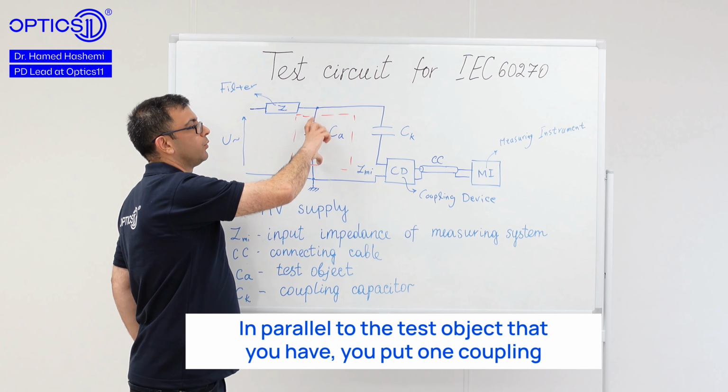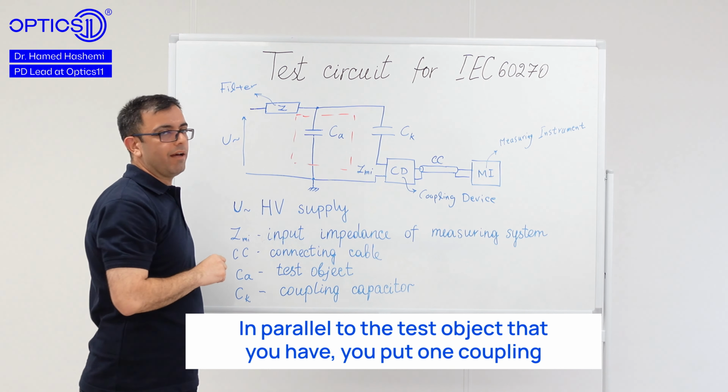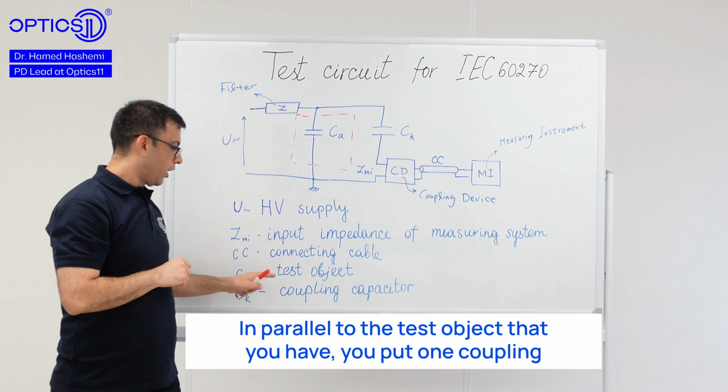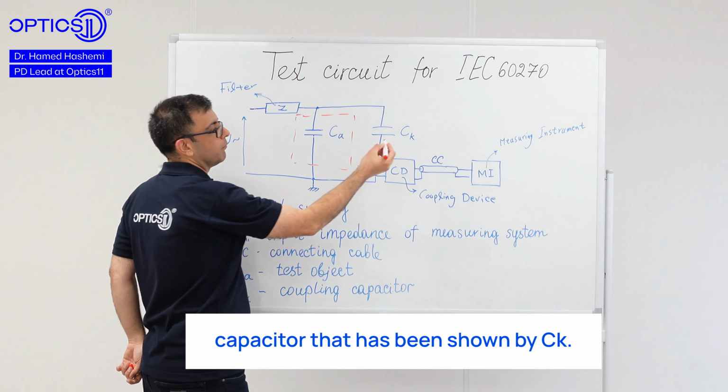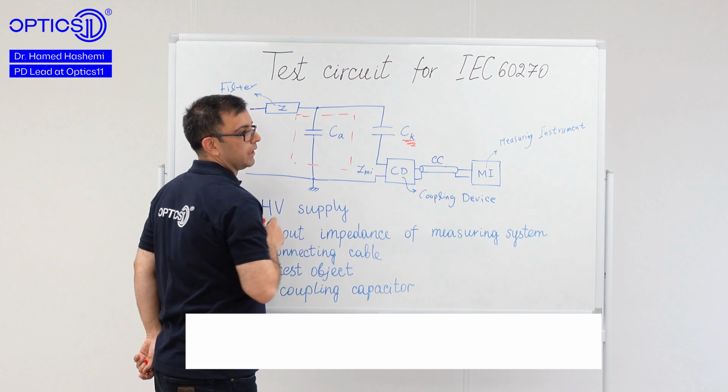In parallel to the test object, you put one coupling capacitor that is shown by CK.